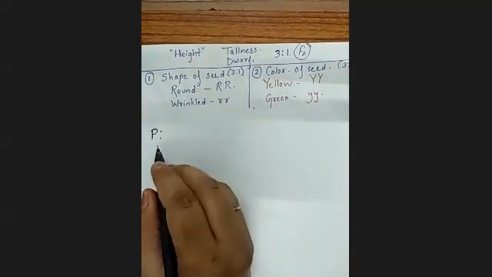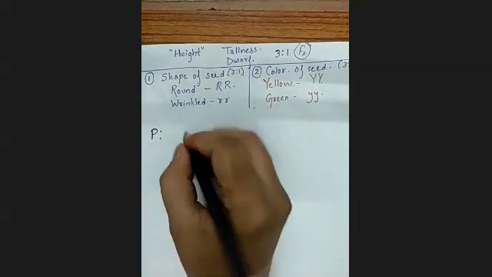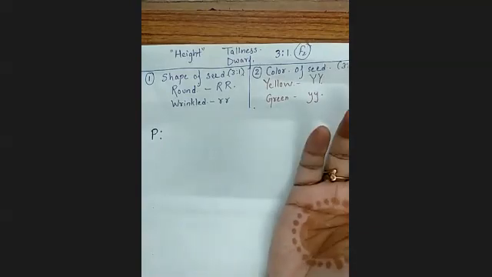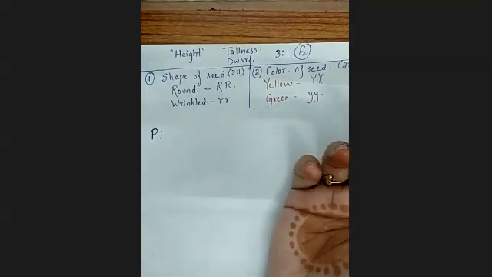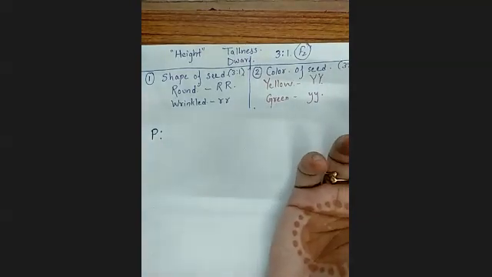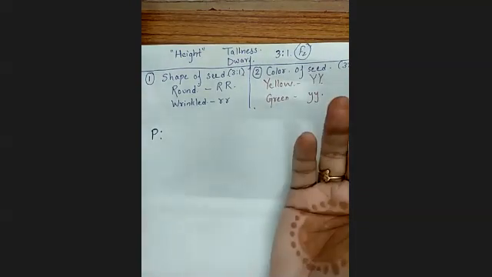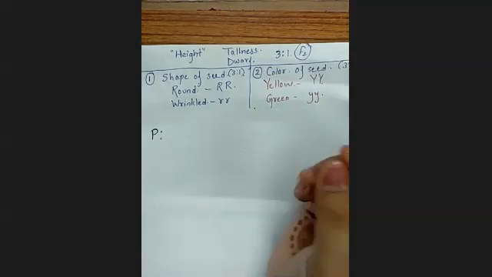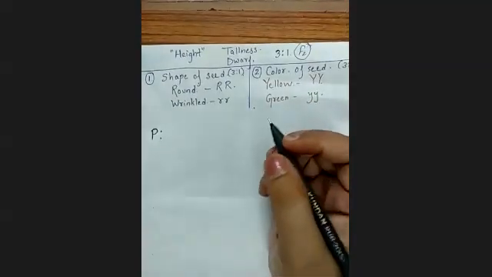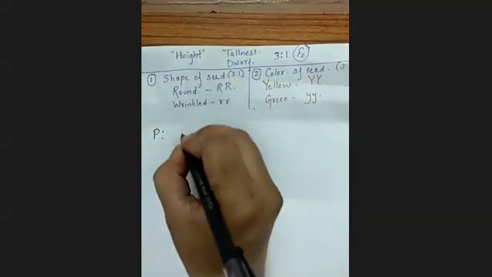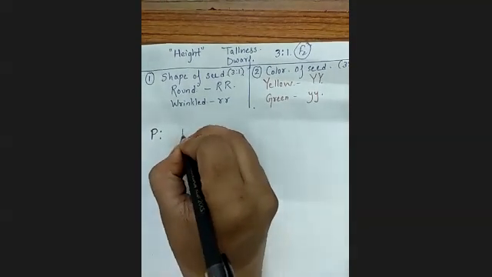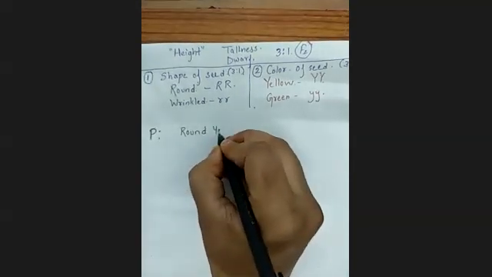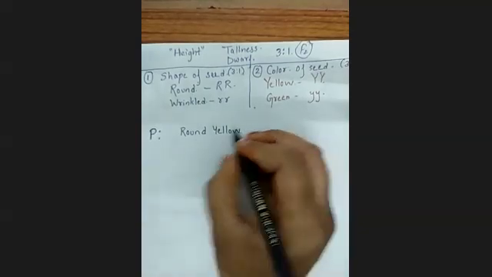So he took the parents as either mother or father. You can take any of them as the dominant one. It is not necessary that only the male, only the father, should be dominant. So here he took the plant showing round and yellow seeds.